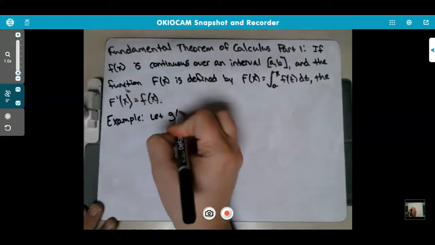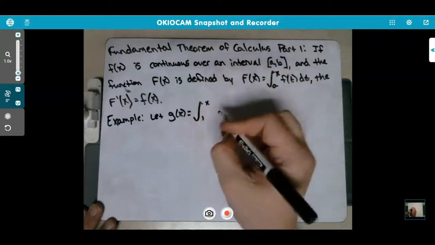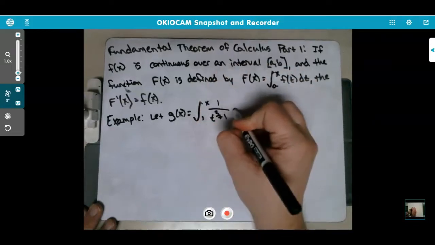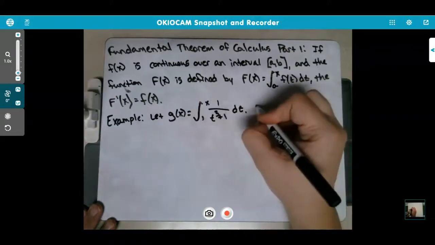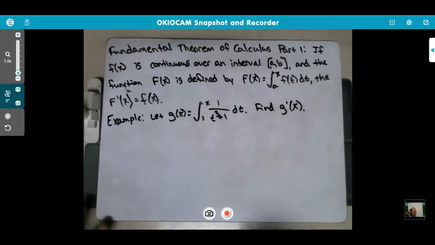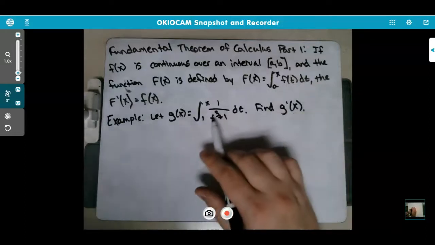Let's let g of x be equal to the integral from 1 to x of 1 over t cubed plus 1 dt. And I want us to find the derivative of that. So from this rule we just did, notice this has the exact form here, right?